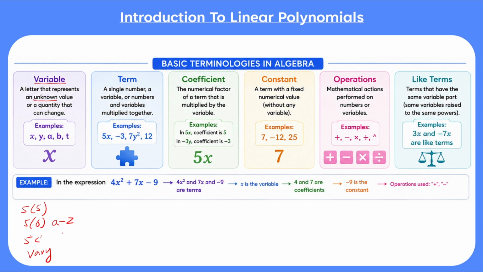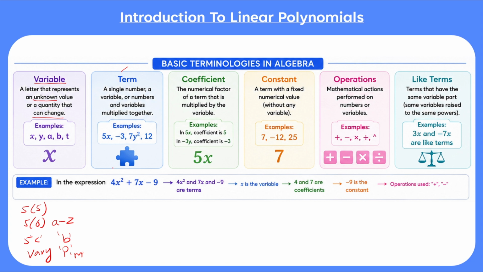So it could be b, p, m, any letter, but it has to be a lowercase letter. We represent variables with lowercase letters. I hope the variable is clear. It can change, and that's the reason we call it a variable. The next thing is a term: a single number or a variable, or a number and a variable multiplied together.